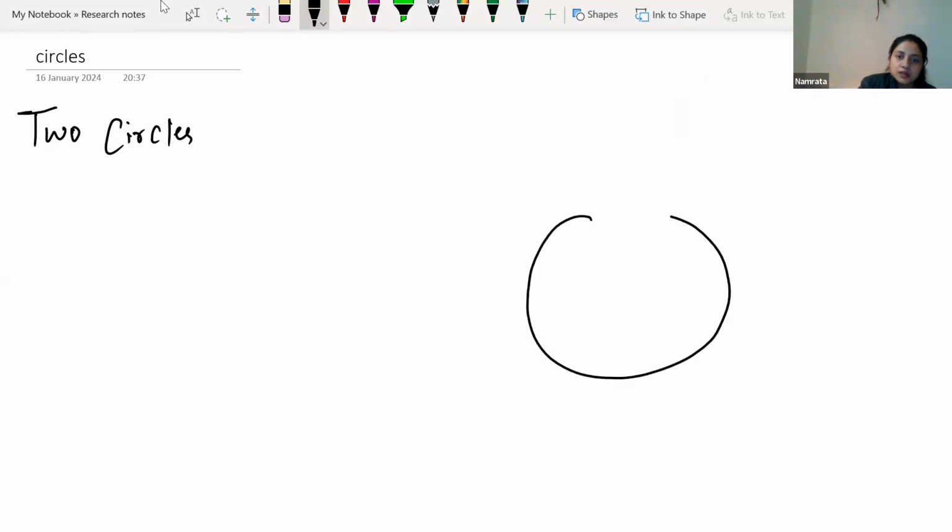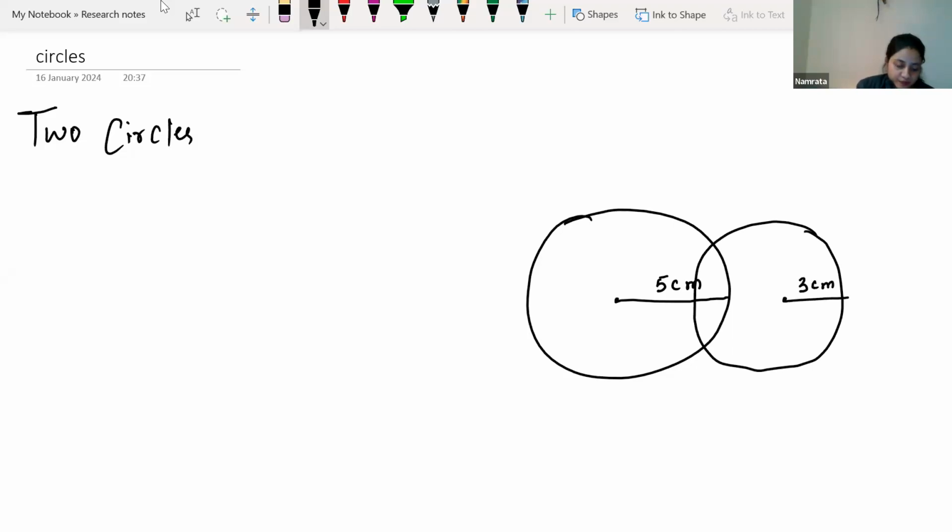Two circles are there having radii 5 centimeter, and one more circle is there like this, and the radius of this circle is 3 centimeter. Intersect at 2 points.